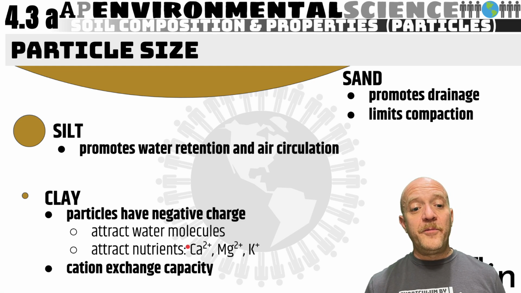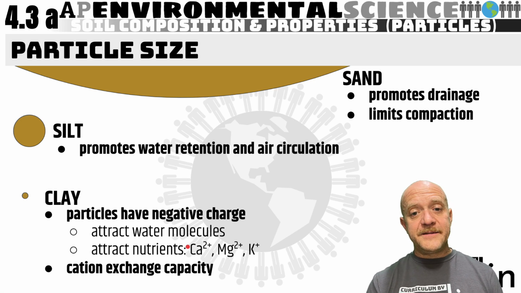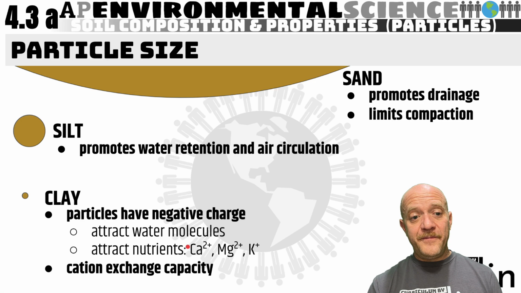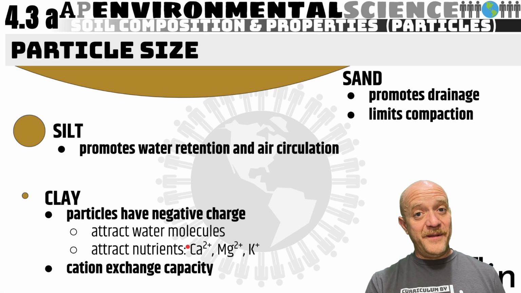So the plant will be able to obtain water with some of these nutrients dissolved in the water, and it will be readily available for the plants. However, if you put too much clay, you're not going to get the water to drain through the clay because of the porosity and the permeability, which I'll talk about in a second.